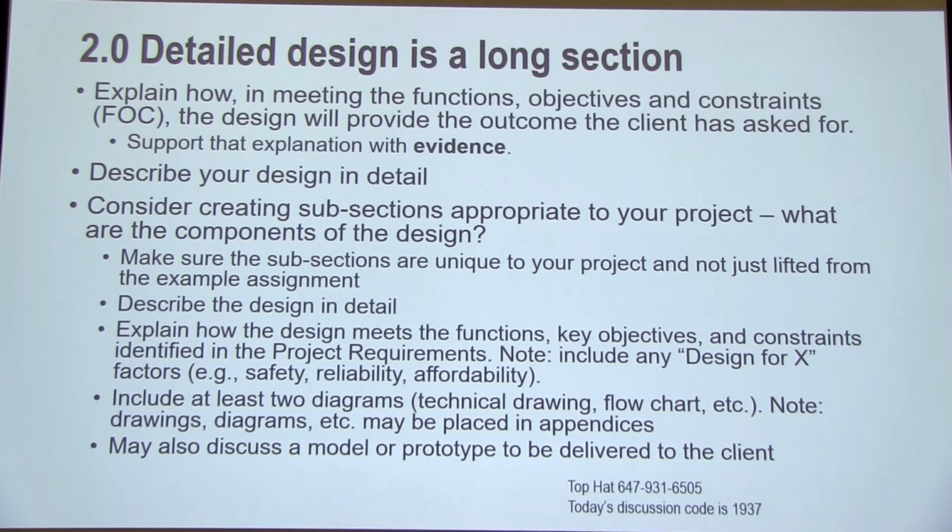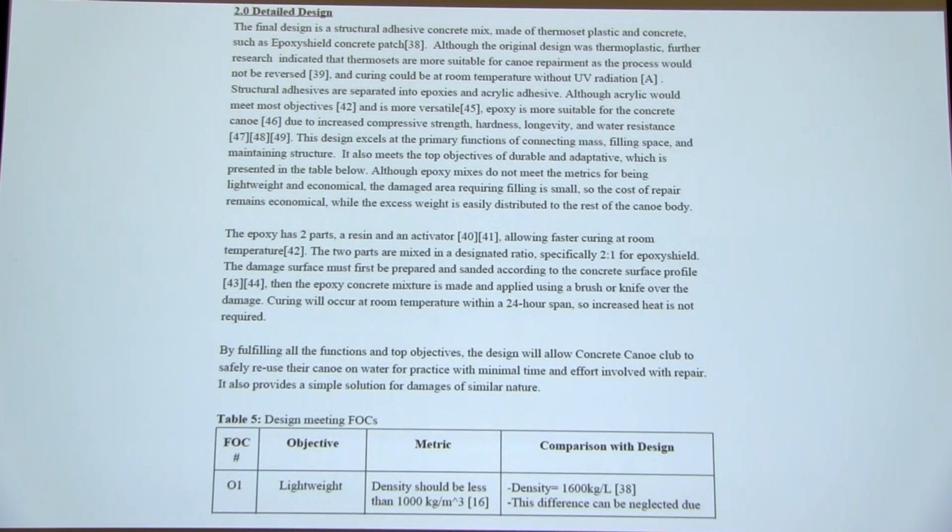The example that I have is a single component detailed design. I know that you can't read it very well, but I decided that that's okay, because you're not going to be writing the same thing as this team wrote. They were patching a concrete canoe, and they talk about why they're using thermoset plastic instead of thermoplastic, which is one of the original materials of the concrete canoe.